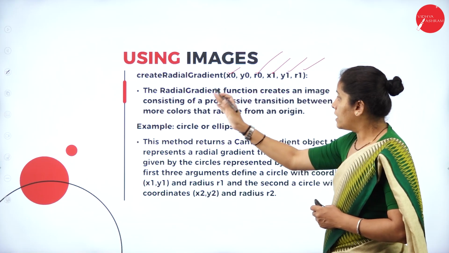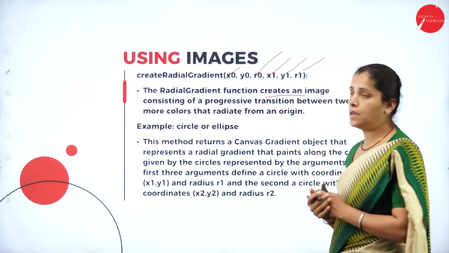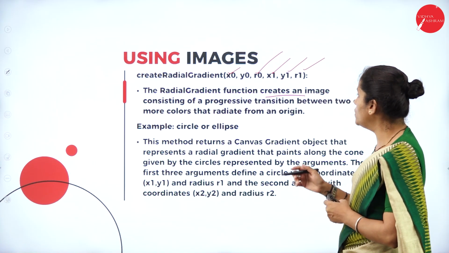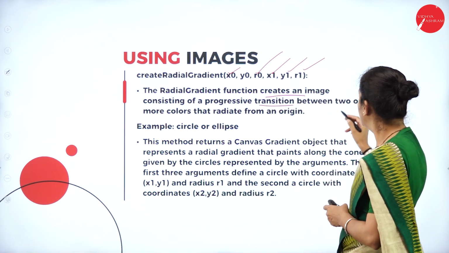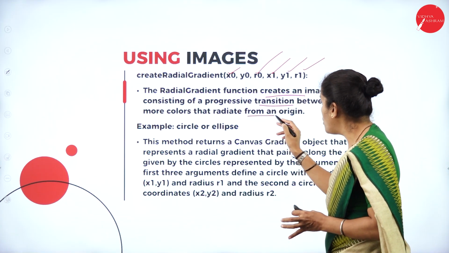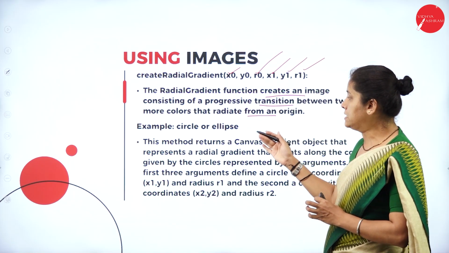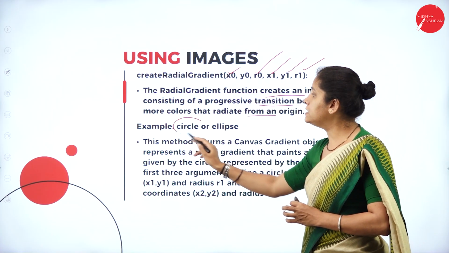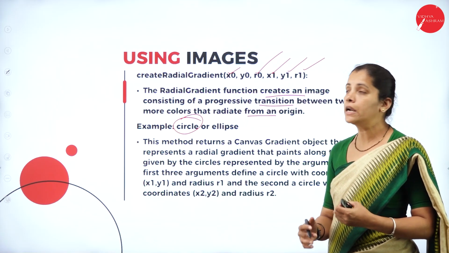So the radial gradient function is used to create an image consisting of progressive transition between two or more colors from an origin. For example, if I consider a circle or an ellipse, I can have the radius.